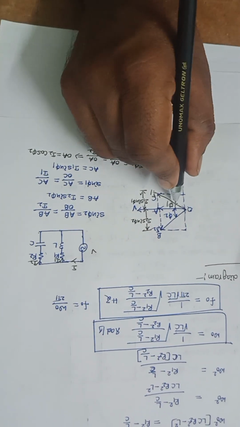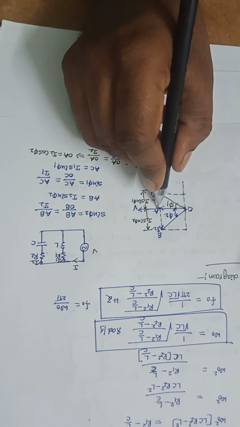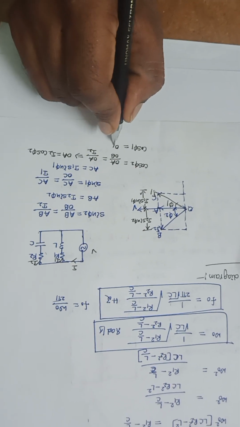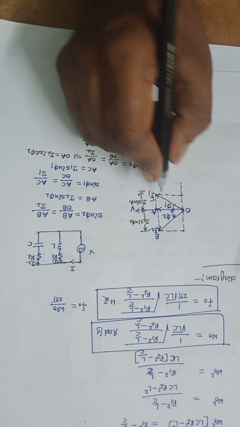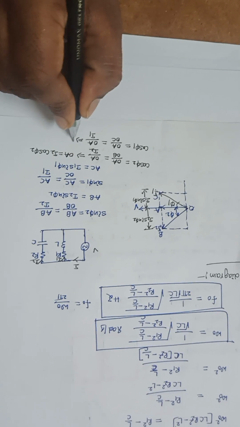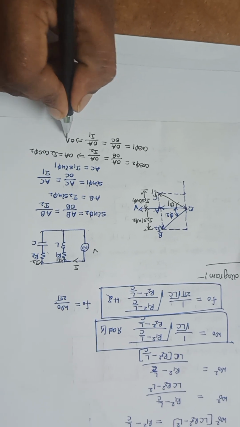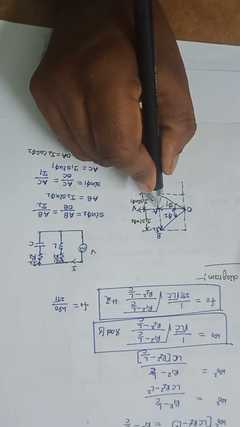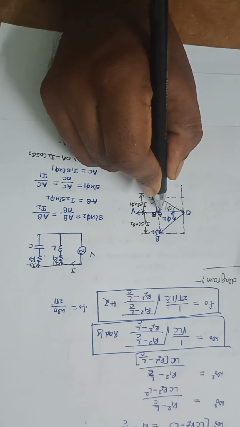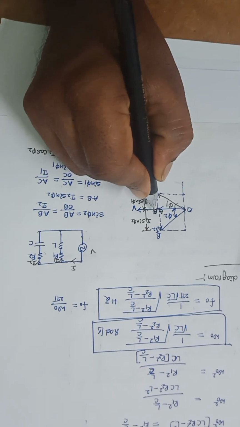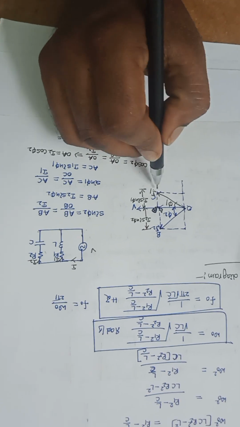Now find cos phi 1. Cos phi 1 is equal to OA divided by OC, where OC is I1. But it is not OA; this point is A and this point is B. Suppose this is D, because we can't say these two points are the same here.